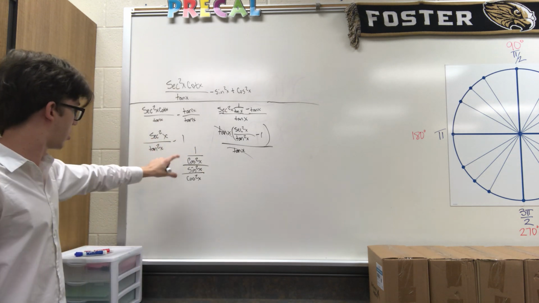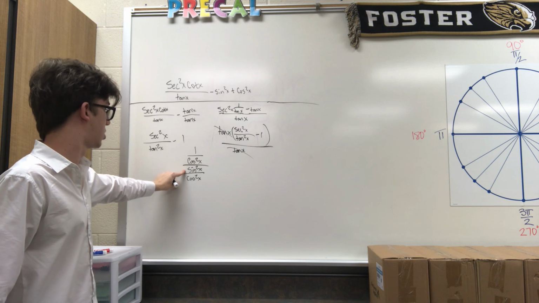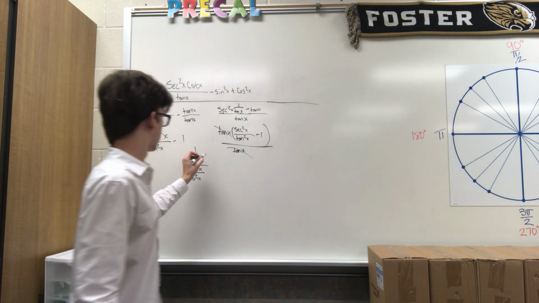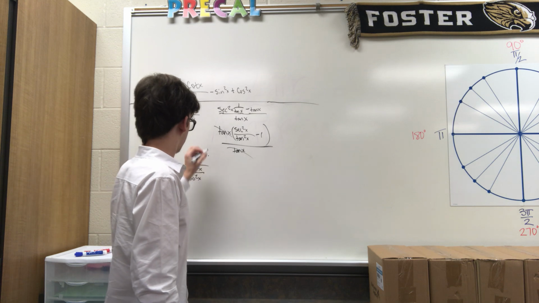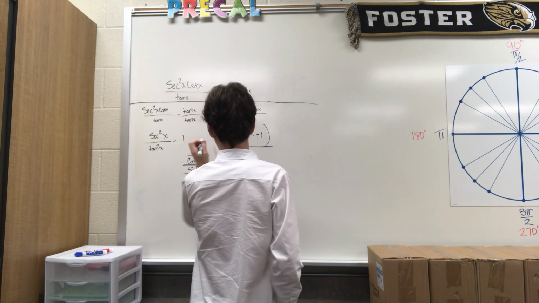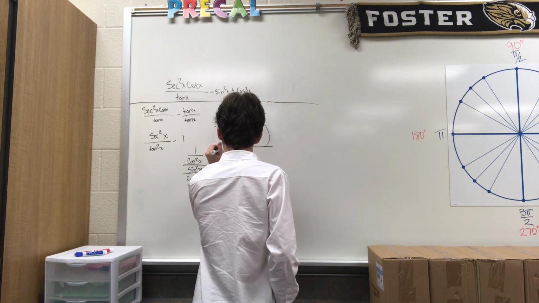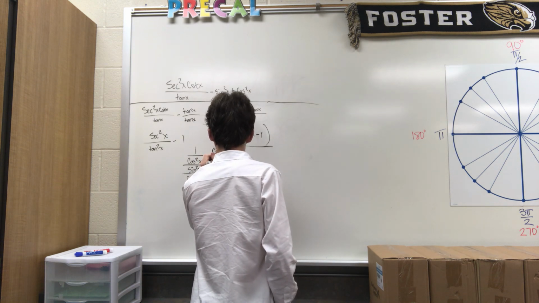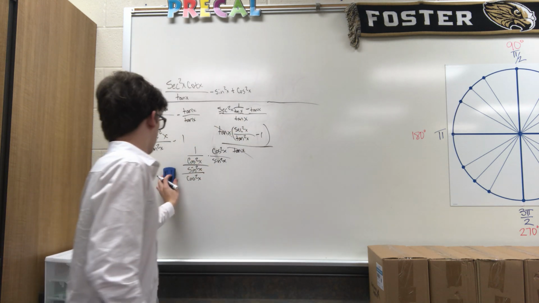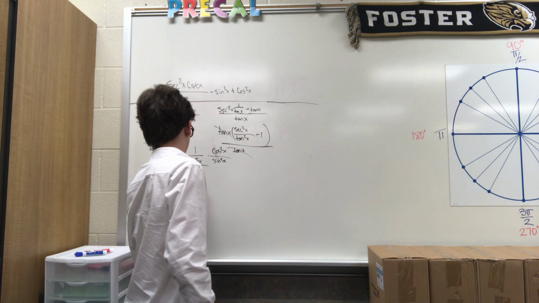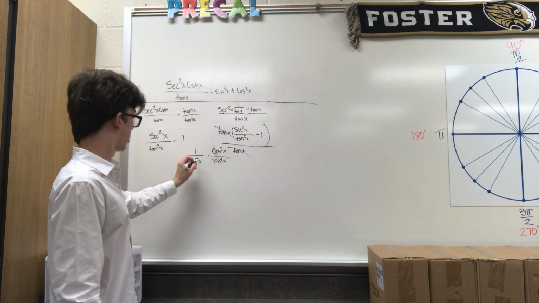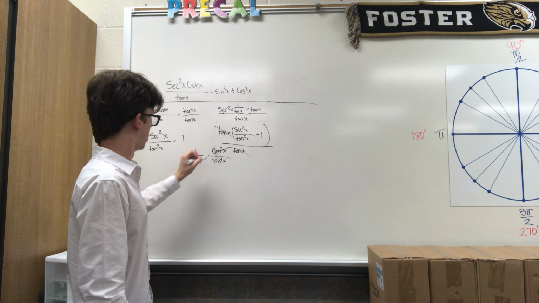And we'll take this fraction, flip it around and multiply it here. So it's also like multiplying this fraction by cosine squared over sine squared. So we can cross out these cosine squared of x.